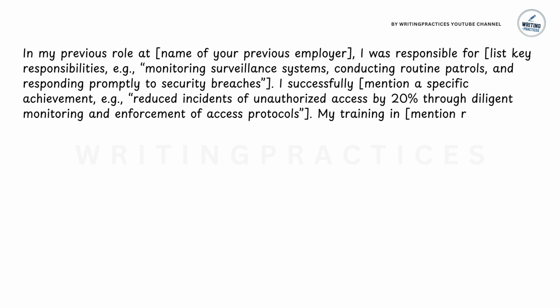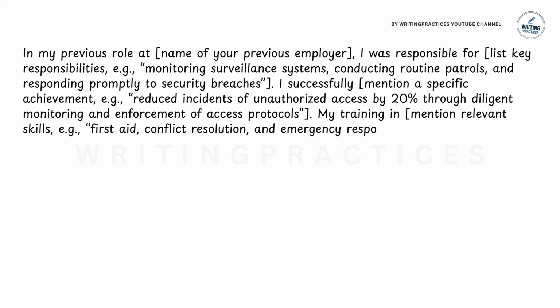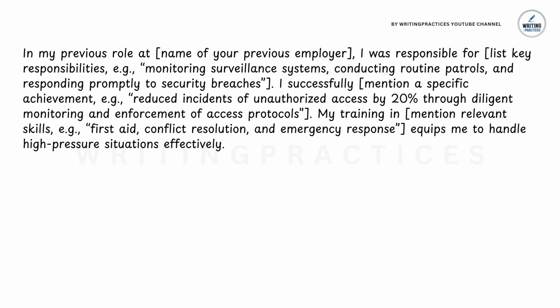I successfully mention a specific achievement, such as reduced incidents of unauthorized access by 20% through diligent monitoring and enforcement of access protocols. My training in mention relevant skills, such as first aid, conflict resolution, and emergency response equips me to handle high-pressure situations effectively.